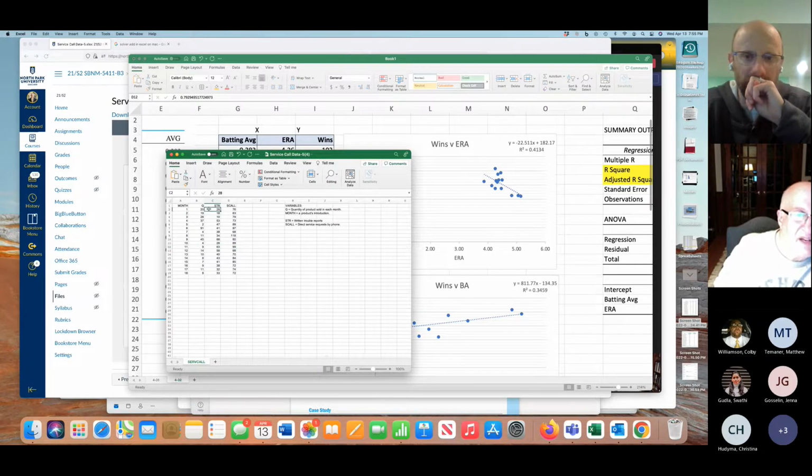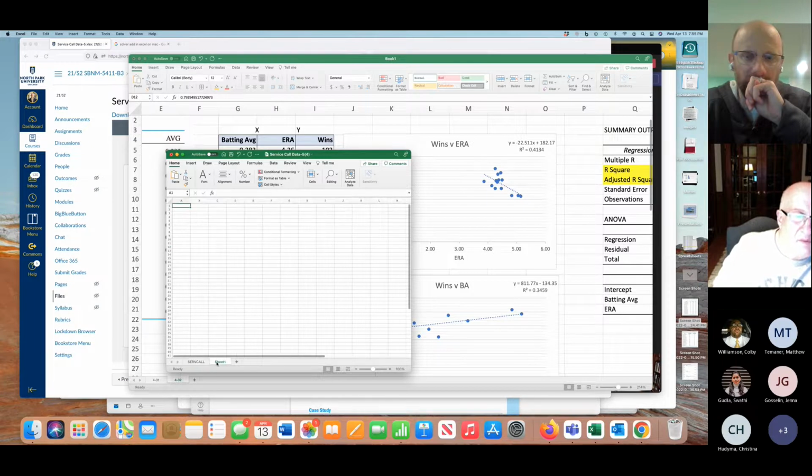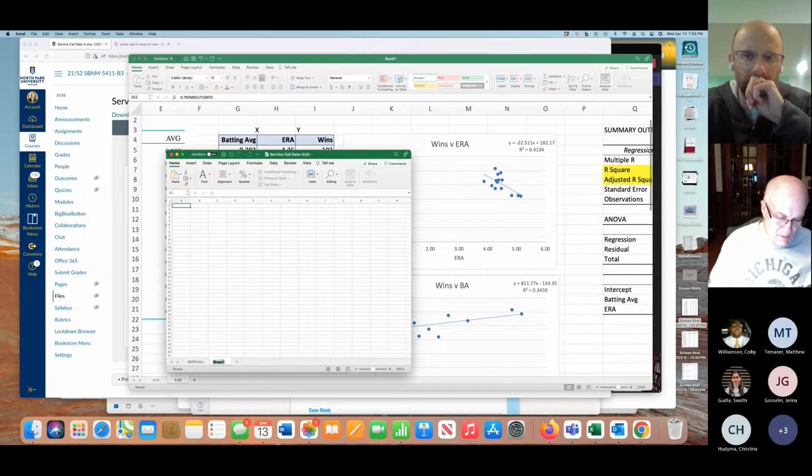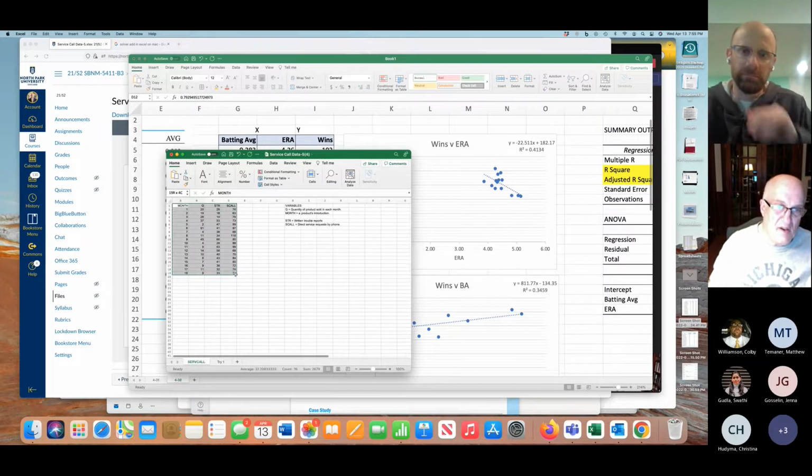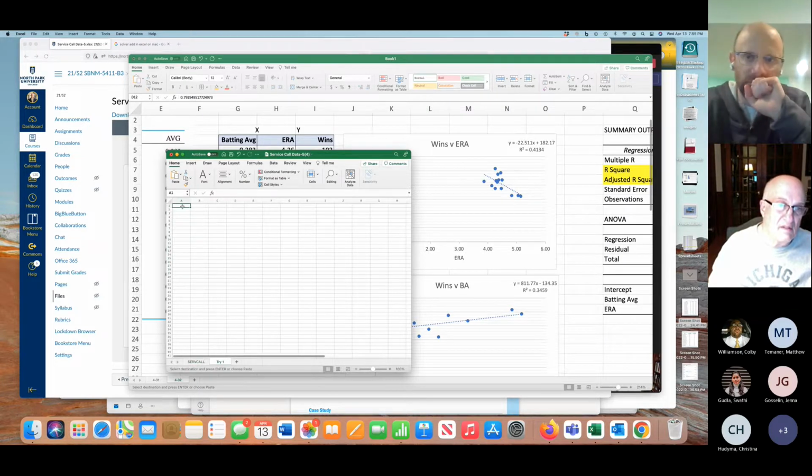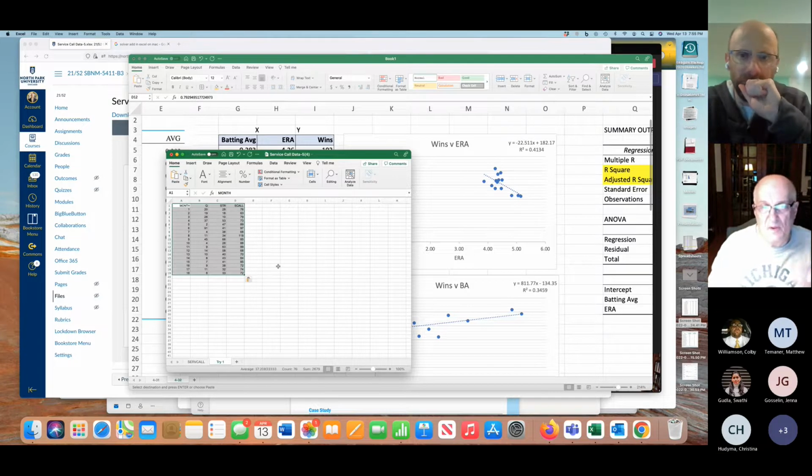You don't have to enter the data. I would use this trick where this is try number 1. And if you want, just copy the data over each time you try it. And then do what you're going to do.